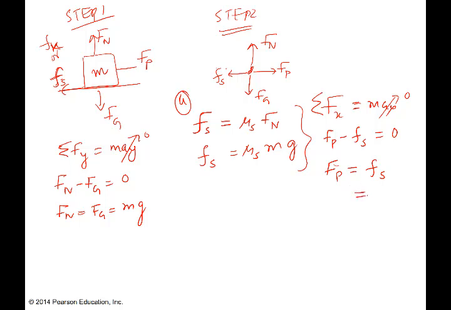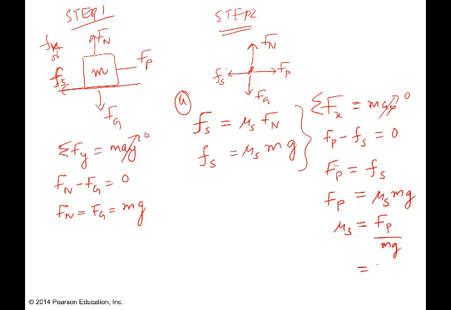But Fs is equivalent to mu s mg, and this is Fp. So Fp is 35 newtons. From here I can calculate the coefficient of static friction, Fp over mg.